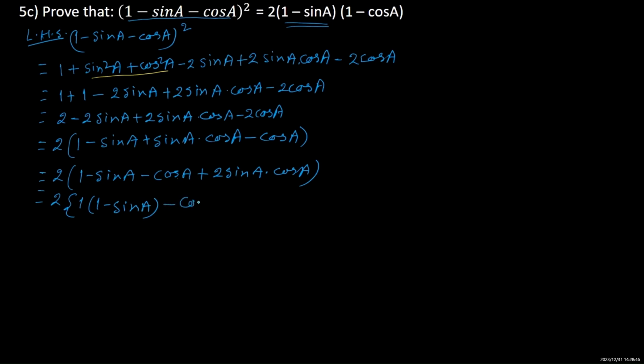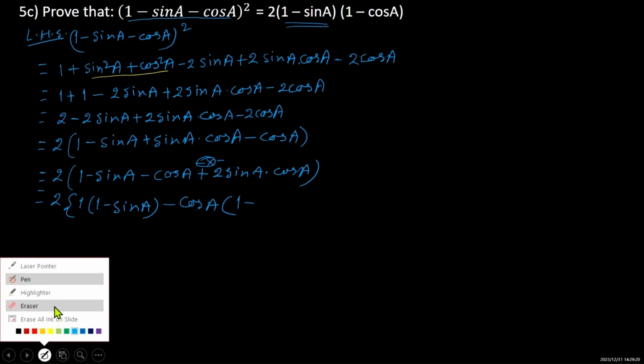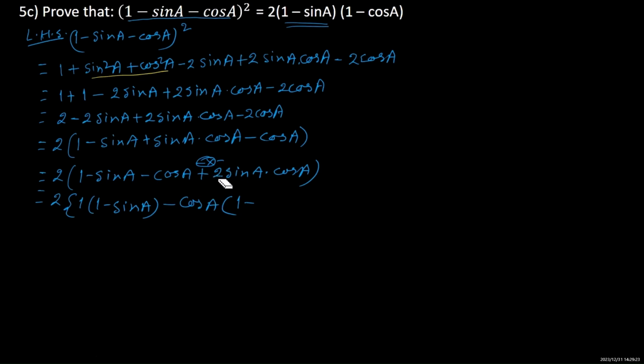Minus cos A common, in place of cos A there will remain 1, and after taking minus common, this plus also will be changed, because in place of this plus there is minus into minus. Wait, here was not that 2. 2 was taken common. Sorry for that.